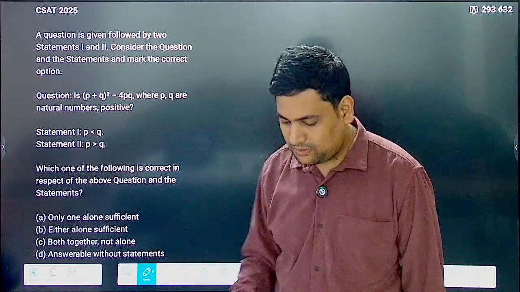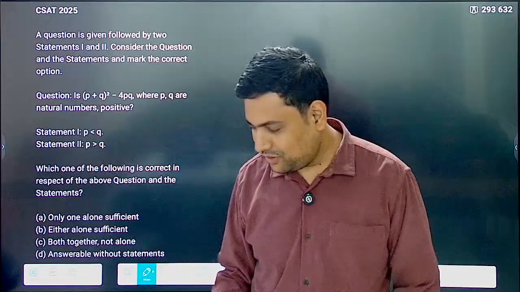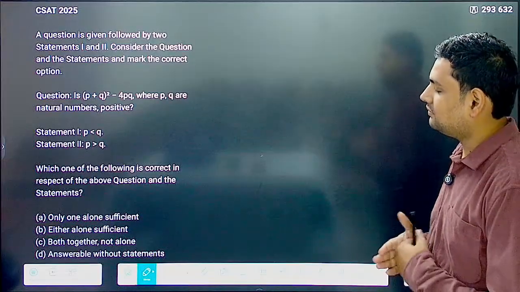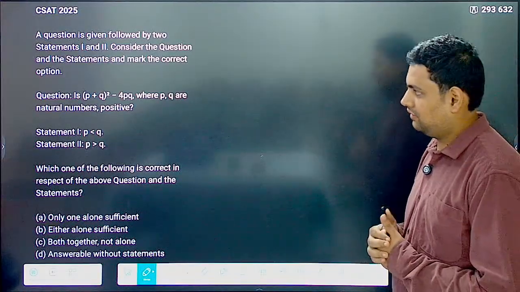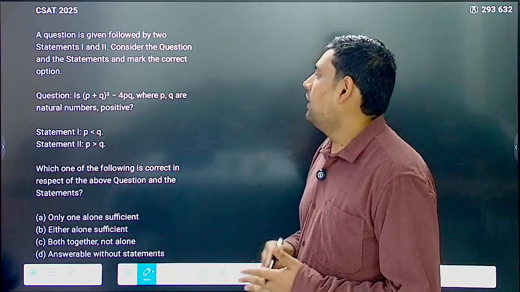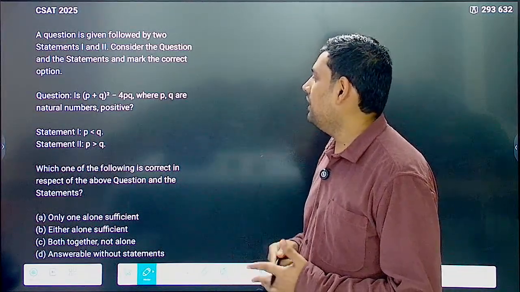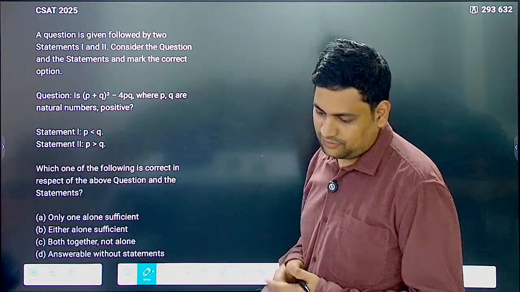Then, yeah, this was again a good question. Think about this. I have given you a hint at the start. Is p plus q whole square minus 4pq greater than 0, where p and q are natural numbers, positive?